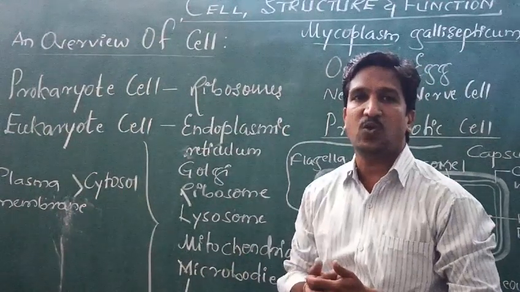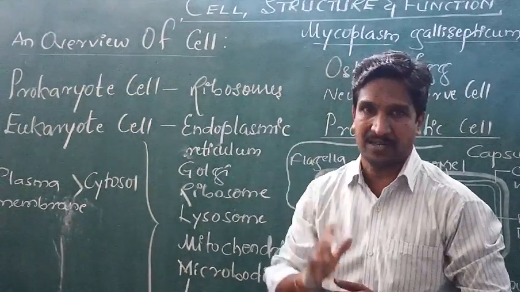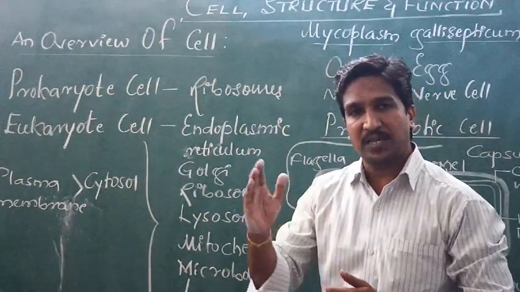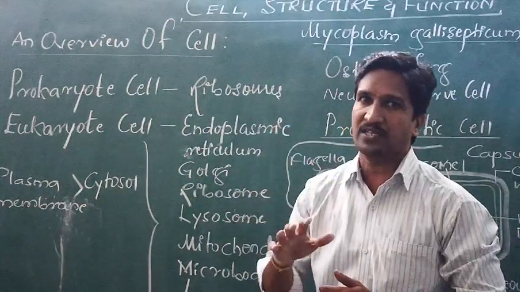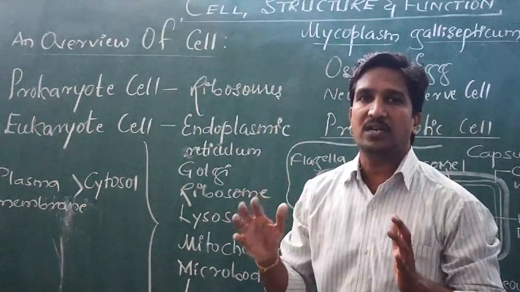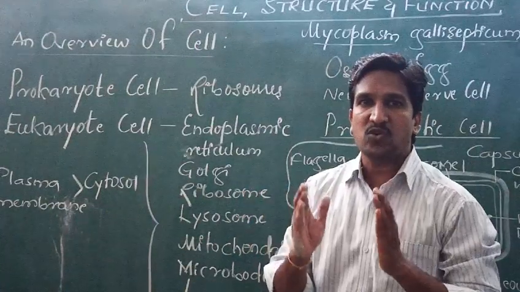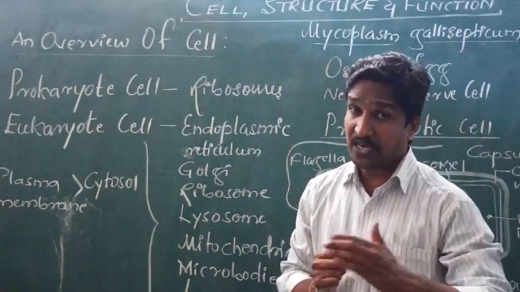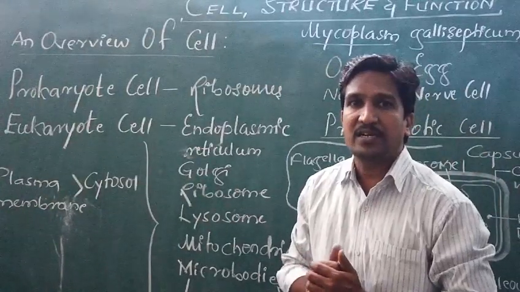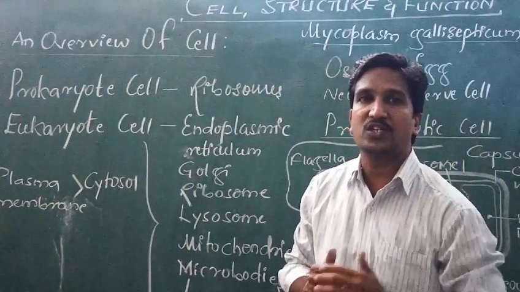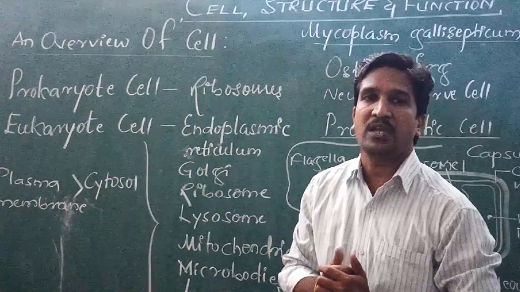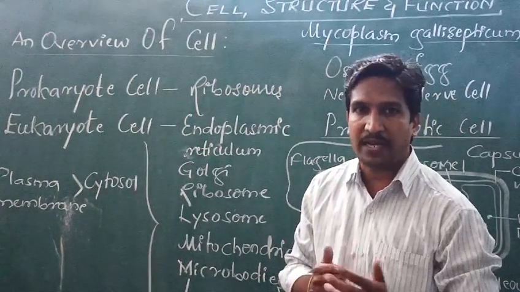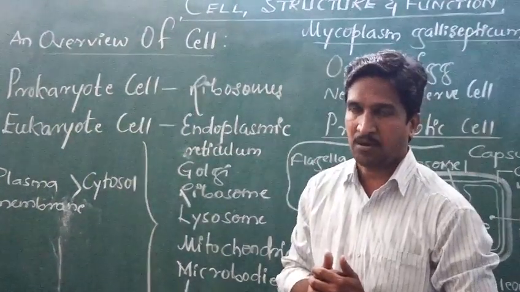So we generally call it a generalized cell. Each individual cell has its own uniqueness, but all cells contain the same constituents, with some exceptions. We will study those exceptions later during plant anatomy, morphological structure and plant physiology.